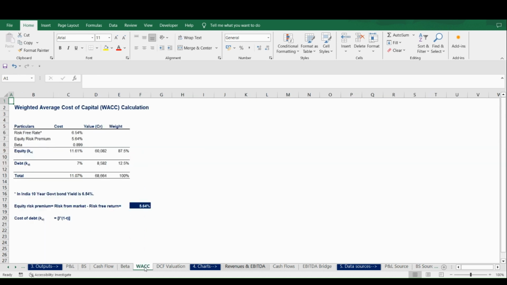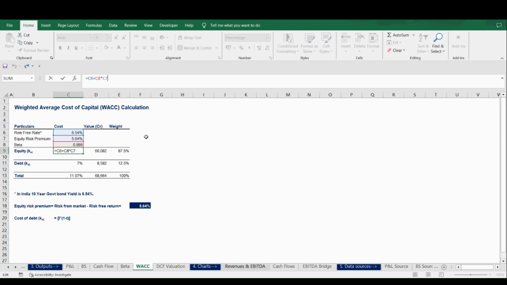Next up we have weighted average cost of capital calculations. Here we have used the capital asset pricing model method to calculate the cost of equity. You can see we have the C6 as the equity risk-free rate plus the risk premium of the company and the beta for the company.